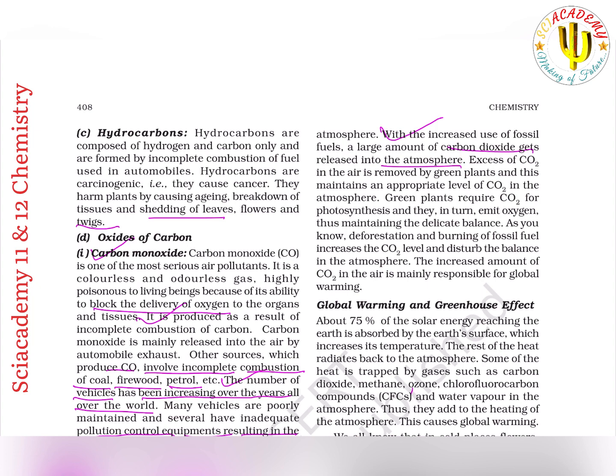Excess of CO2 in the air is removed by green plants, and this maintains an appropriate level of CO2 in the atmosphere. Green plants require CO2 for photosynthesis and they in turn emit oxygen, thus maintaining the delicate balance.